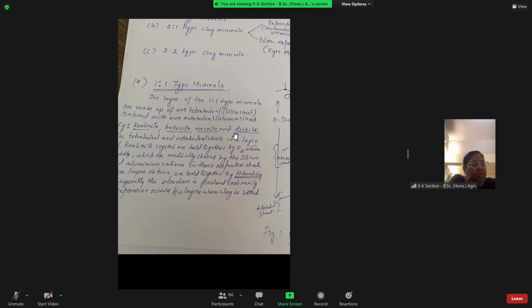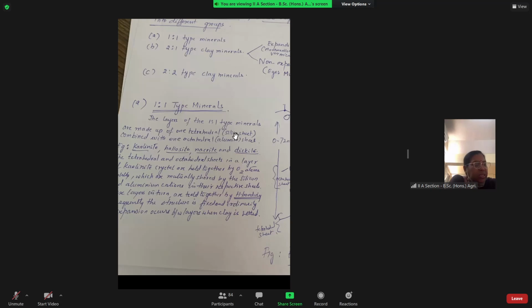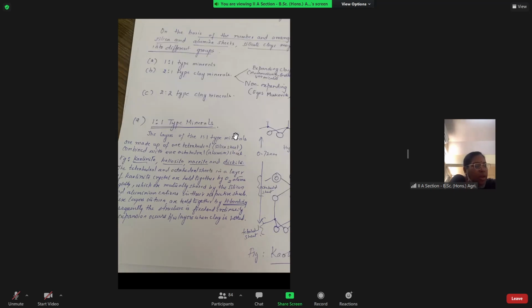So in this 1:1 type of minerals, the layers are made up of one tetrahedral sheet, that is silica sheet, combined with one octahedral aluminum sheet. Here the examples are kaolinite, halloysite, nacrite, dickite. You should remember these examples.